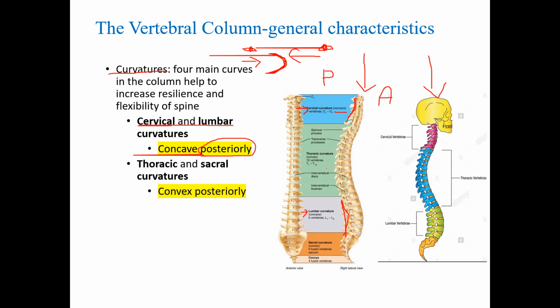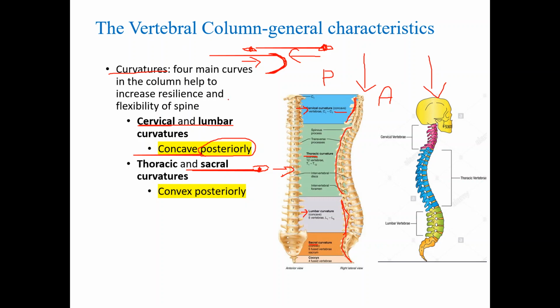Whereas the other two curvatures, the thoracic and the sacral curvatures, again looking from a posterior point of view, are convex. They go this direction. Remember, my eye is here. I am sorry about the eye that is so elongated. I'm looking from this point of view. And so they are two convex curvatures.